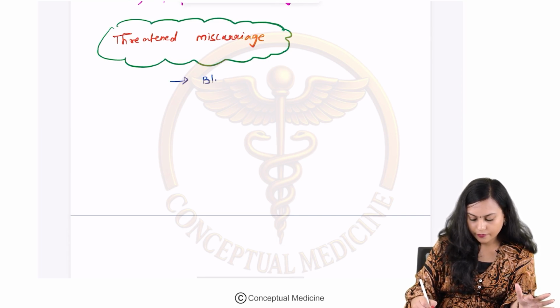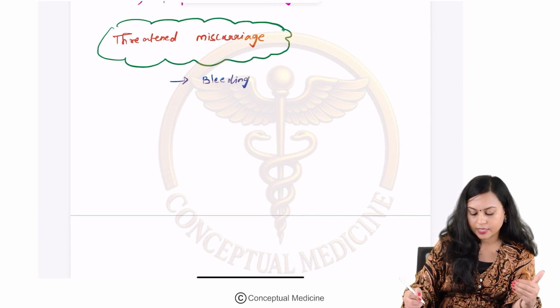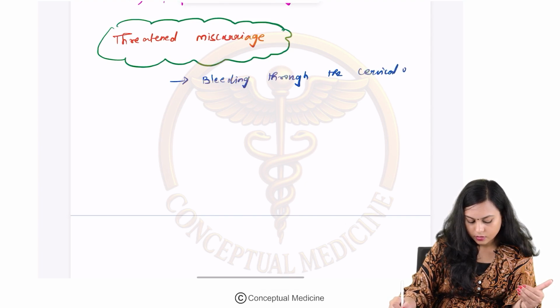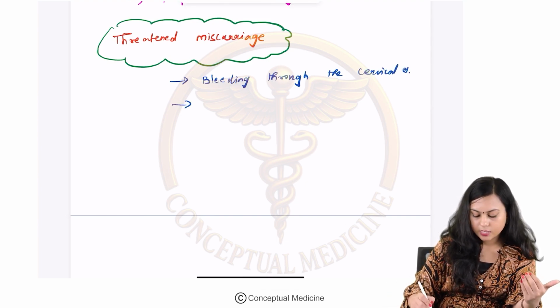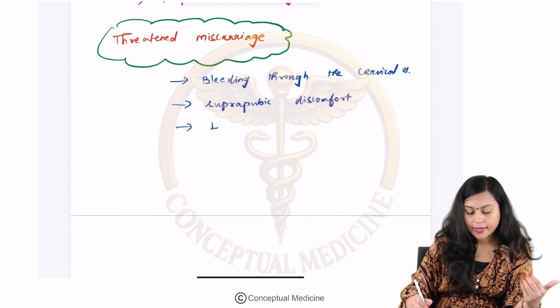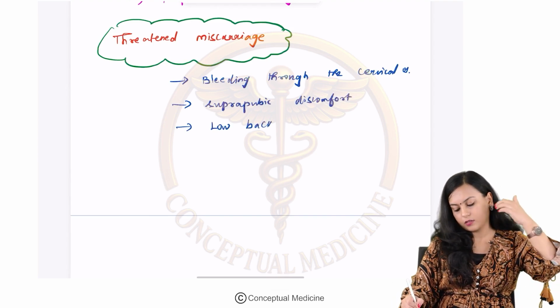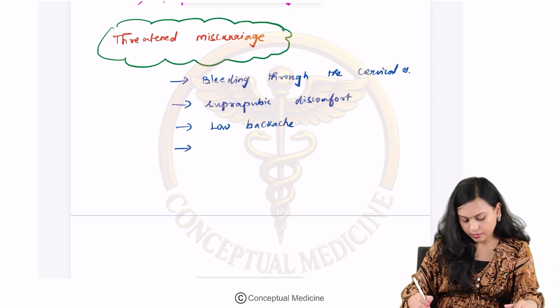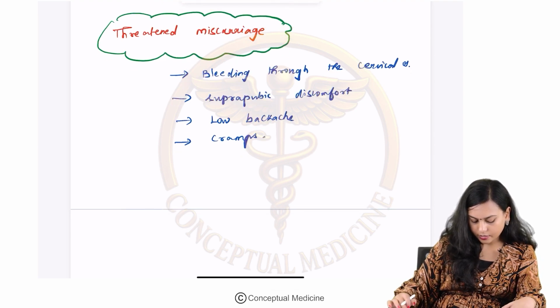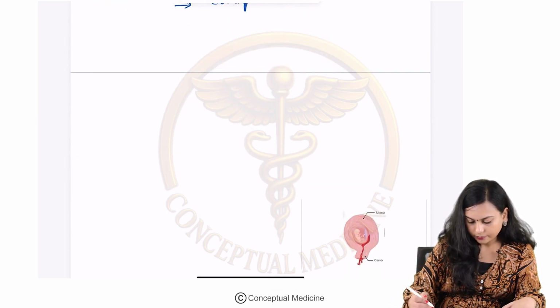The most important finding you will be able to appreciate in a threatened miscarriage is bleeding through the cervical os. Sometimes there can also be suprapubic discomfort, low backache, or even cramps.